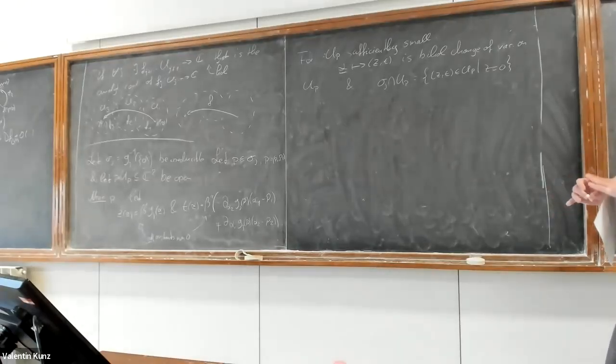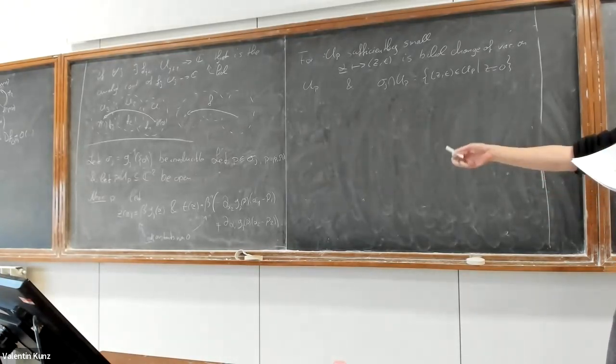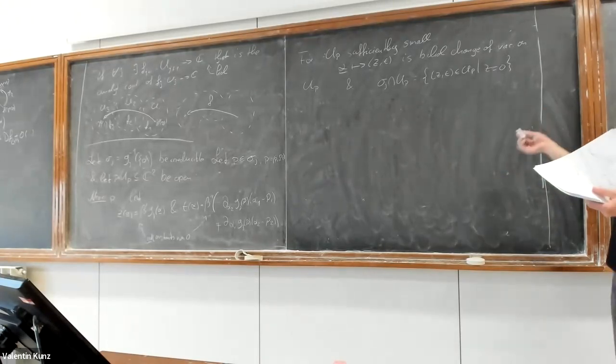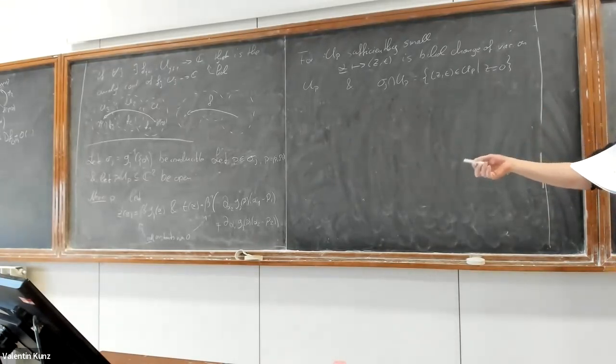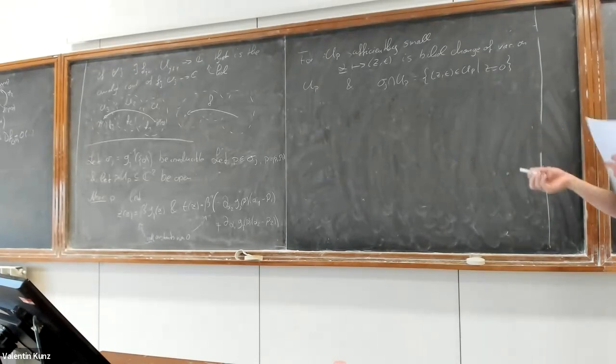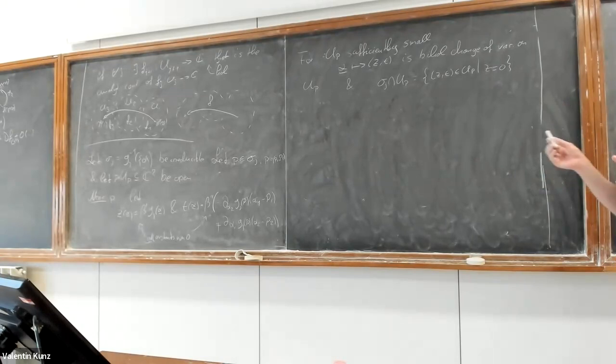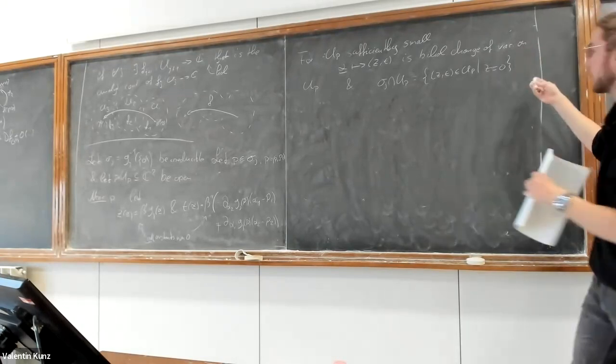It may not necessarily be orientation preserving, so I could change them to be one or minus one, and that would change the orientation. But if they are non-zero, even if they are complex, it would still be a biholomorphism. If they are real, it will also be a real change of coordinates. That's the important part.